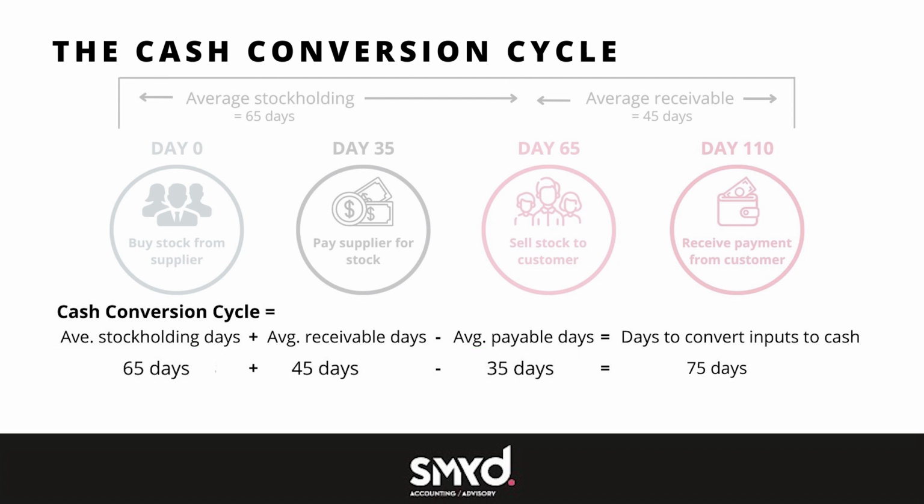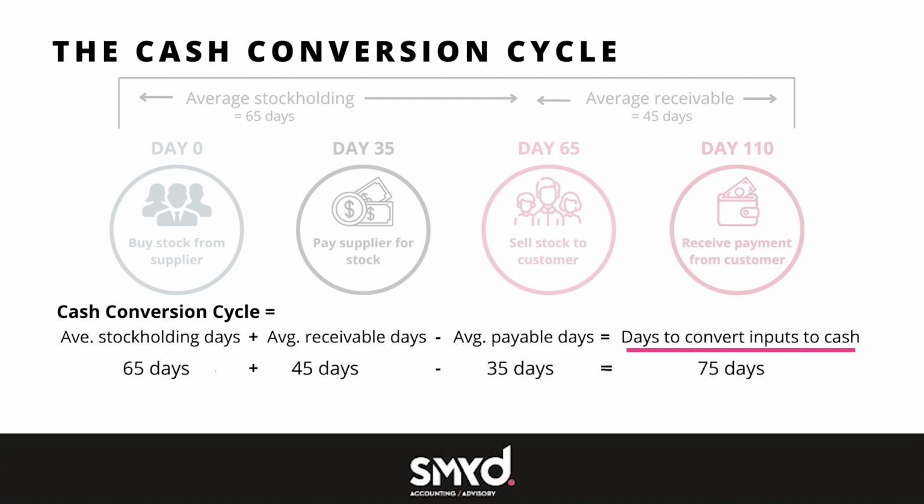Then that leaves us with the magical number of days it takes for us to convert something into cash. In this instance, it was 75 days for us to convert that product that we purchased into cash. That 75 days is the bank of your business.